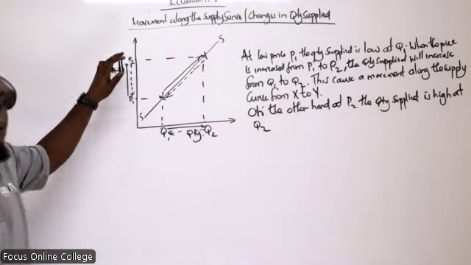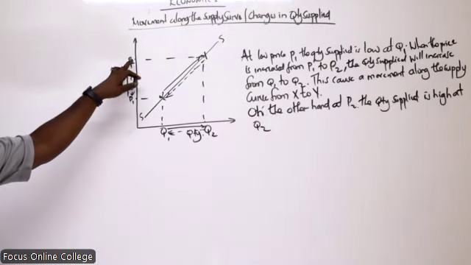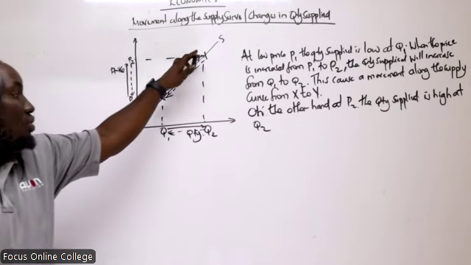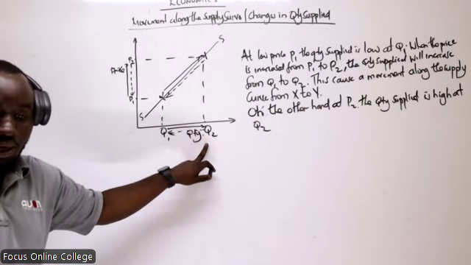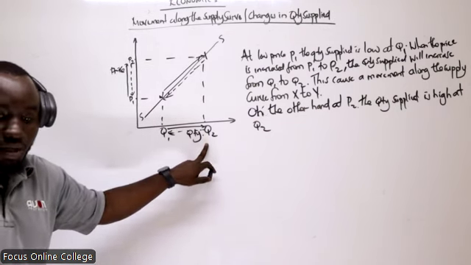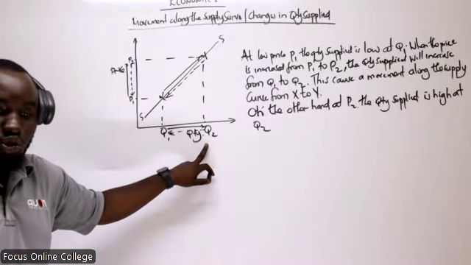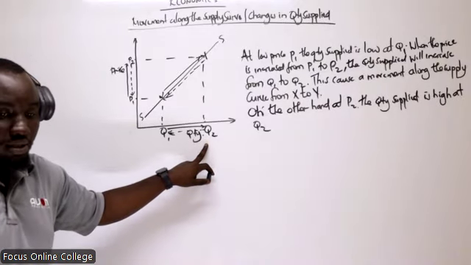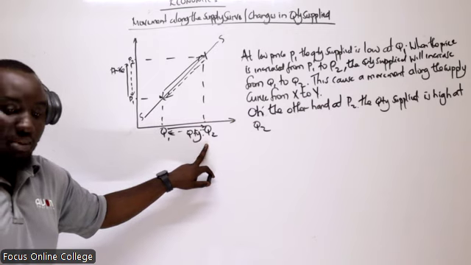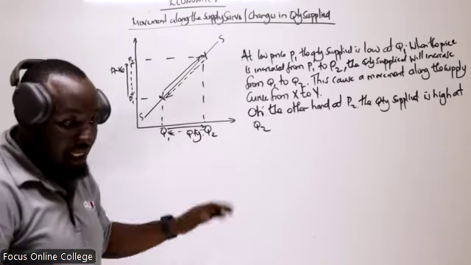Are we able to see that? When you're at price P2, you can see that the quantity supplied is very high at Q2. Perfect.